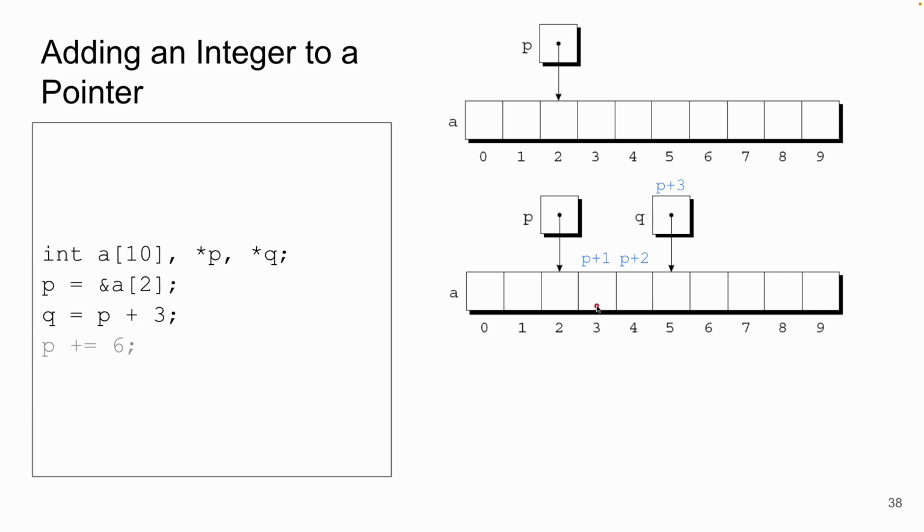If we add 2 to P, P will point to 2 plus 2, that is 4. And if we add 3 to P, P will point to 2 plus 3, that is 5. Then we assign this address to Q, so that is why in this case Q now points to A[5].